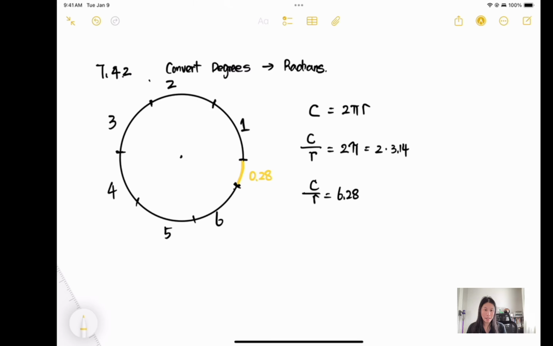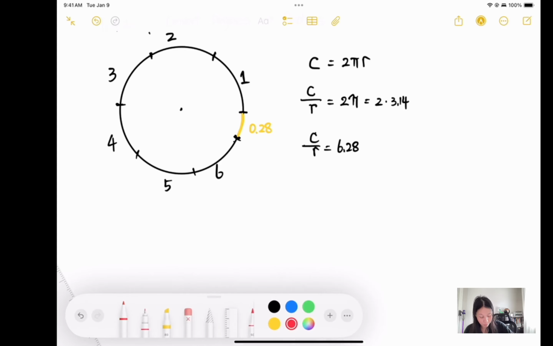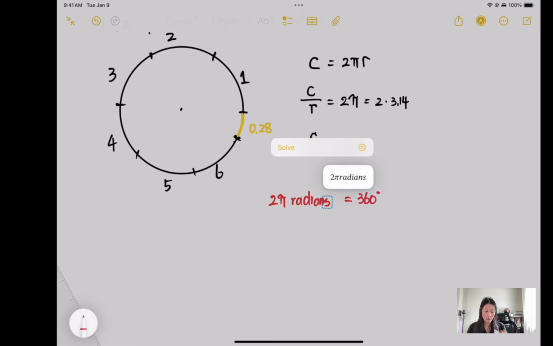So this is how we consider a radian. When the total is 2 pi, when c divided by r, the ratio is the radians. So in this case, 2 pi radians is equal to 360 degrees.